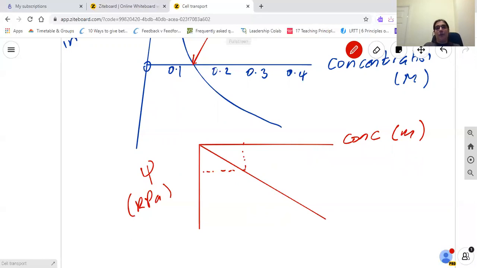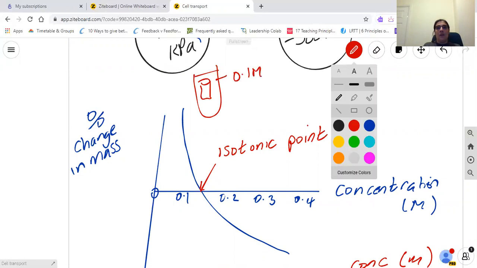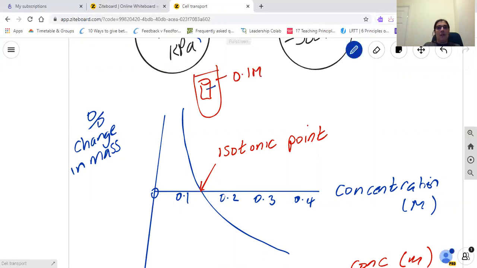Okay, so just to recap, the ones over here where you've put your piece of potato in a very dilute solution, they gain water and therefore they gain mass.